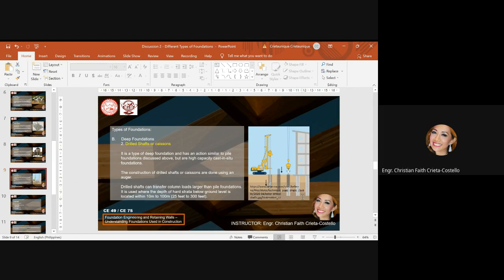Usually, structures constructed in, for example, a reclaimed area are using drilled shafts or caissons, or structures constructed in an ocean. So basically, they are using this kind of foundation.